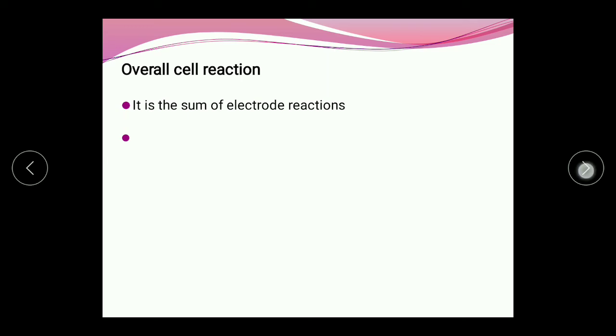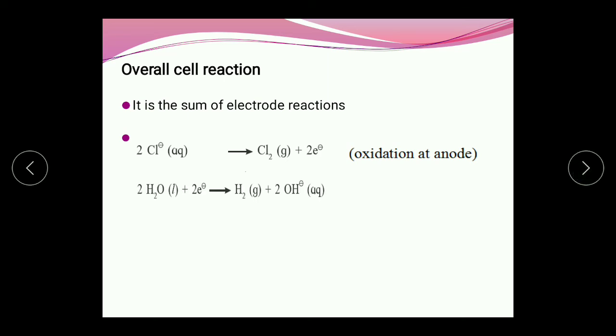It is formation of chlorine gas. So it is the anode half reaction, which is oxidation at the anode. And which is the prominent reaction at the cathode? That is reduction, or formation of hydrogen gas. So this is the cathode half reaction: 2H2O plus 2 electrons gives H2 plus 2OH minus.